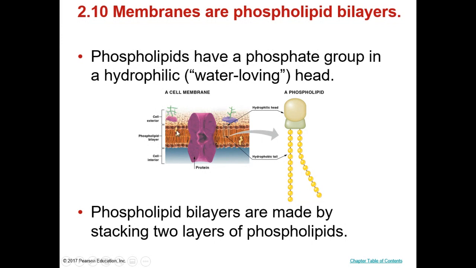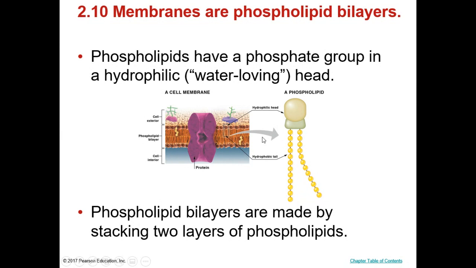Okay, so these right here would be cholesterol molecules, which are essentially steroids. All right, so cholesterol are complex fats that make up not only membranes but also hormones like testosterone and estrogen. Okay, so that's why cholesterol is important.